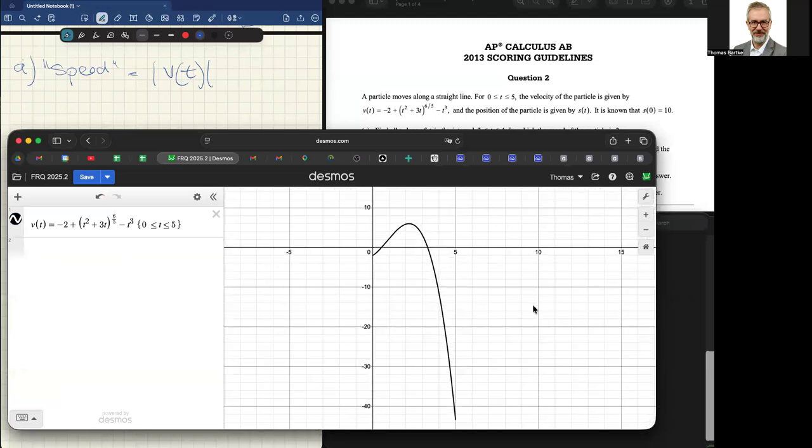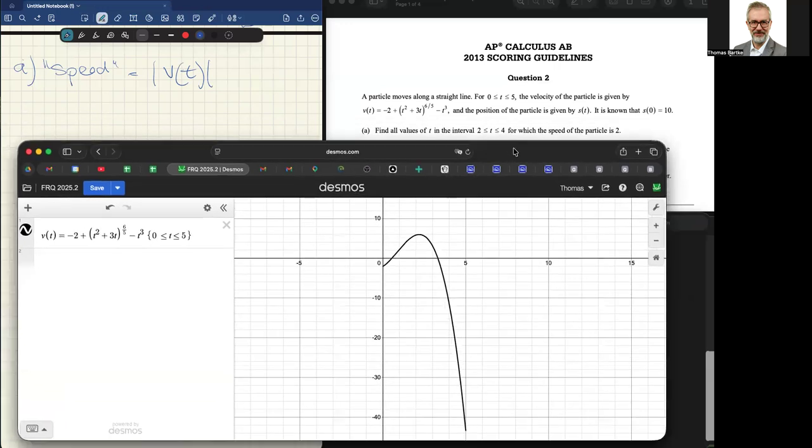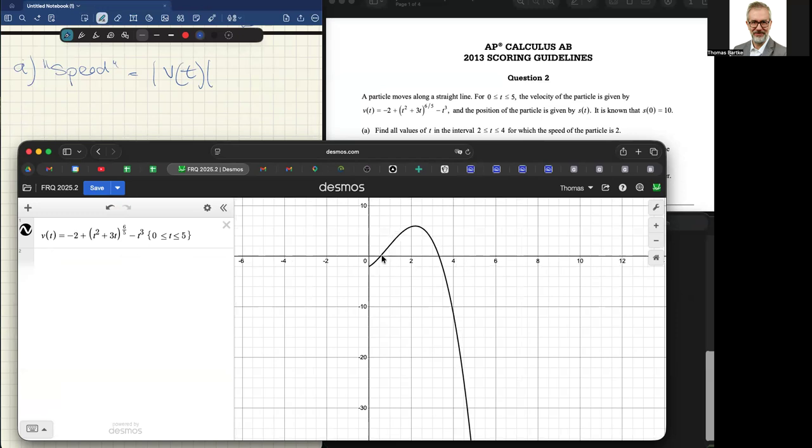Okay, so now in order to find the values between 2 and 4, I'm only going to be looking at this section here, but I need the value at +2, so that's right here somewhere, and at -2, that's here somewhere.